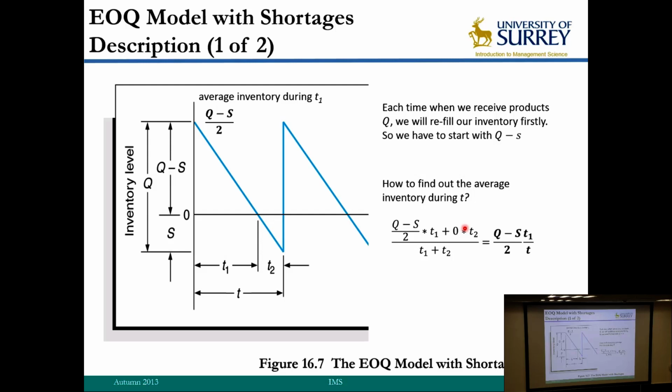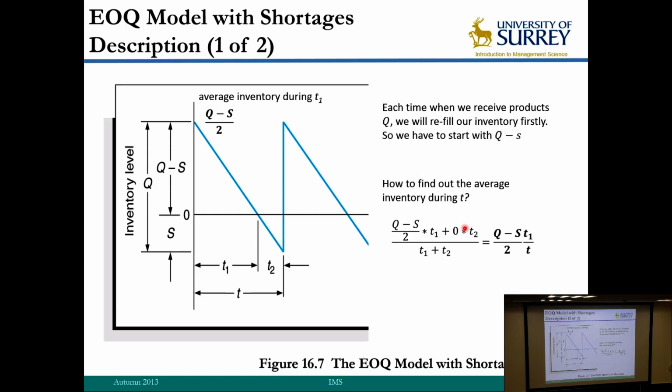Each time we receive the products, Q, first of all, we need to refill our inventories. We have to refill this because at this time point, we don't have inventories, but we still have some demand from the market, from the customers. So we have to write it down. Okay, so this is negative, so we don't have any. We're going to deliver to you later on.